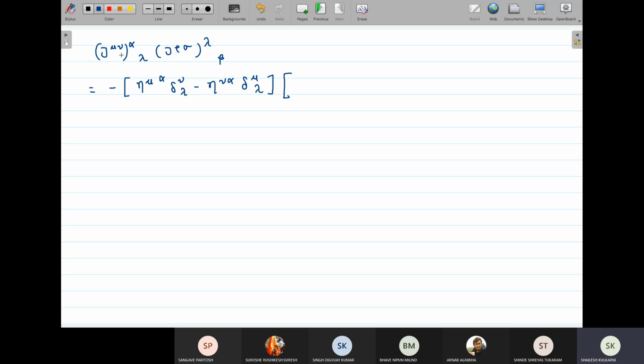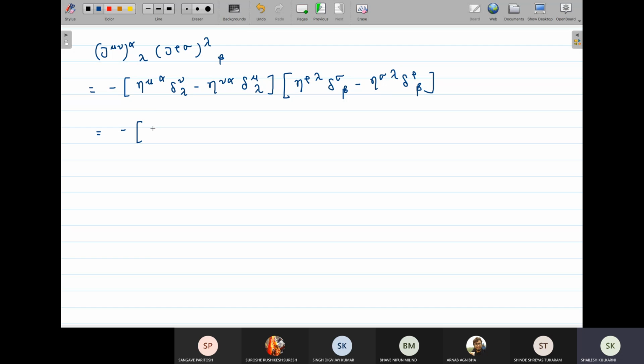This will be this term. Then j rho sigma will be eta rho lambda delta sigma beta minus eta sigma lambda delta rho beta. Okay, so this is minus this into this, this into this, this into this, this into this.